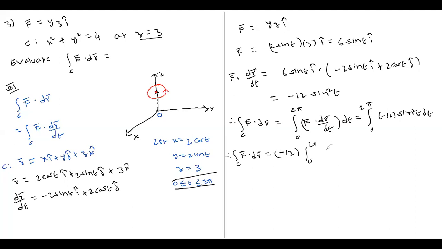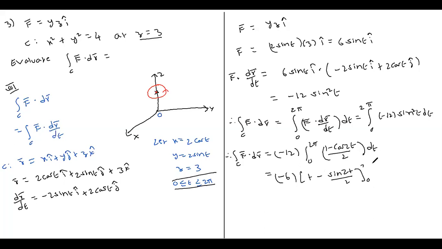I can write sin square t as (1 minus cos 2t) by 2 dt. So minus 12 by 2 is minus 6. Integration of 1 is t and integration of cos 2t is sin 2t by 2.